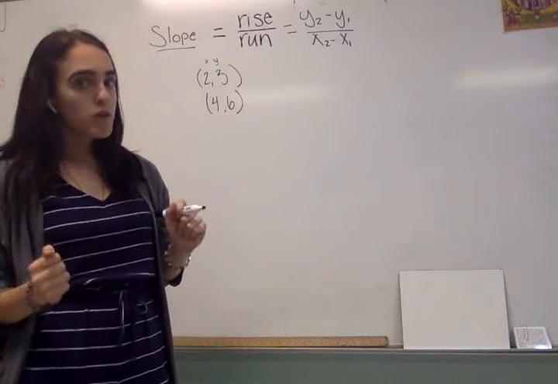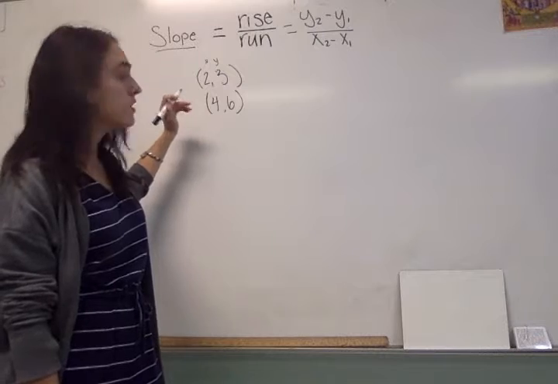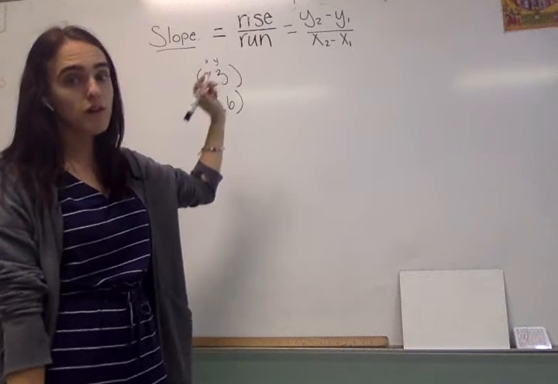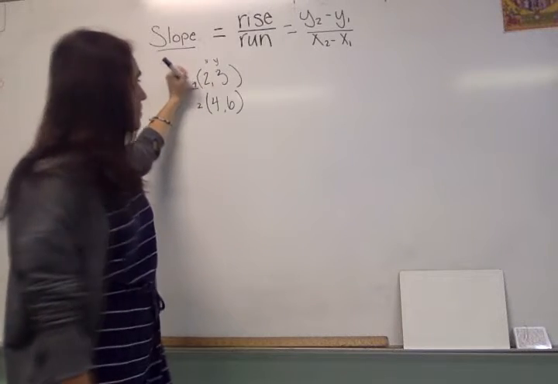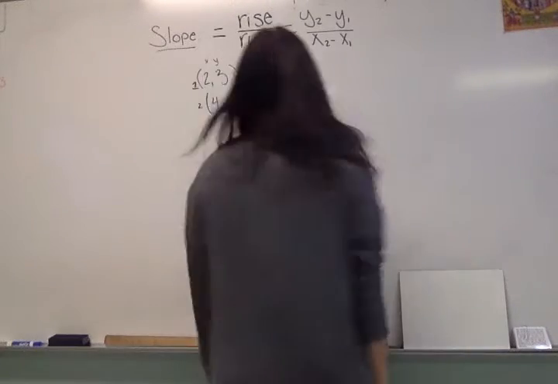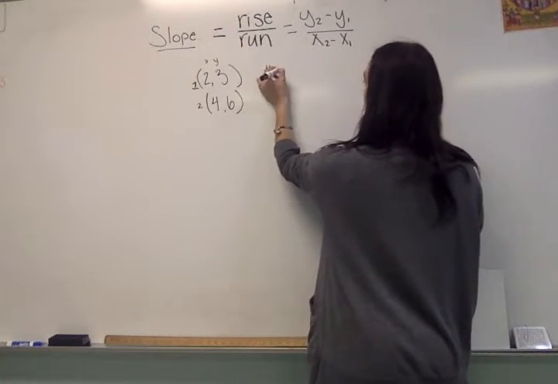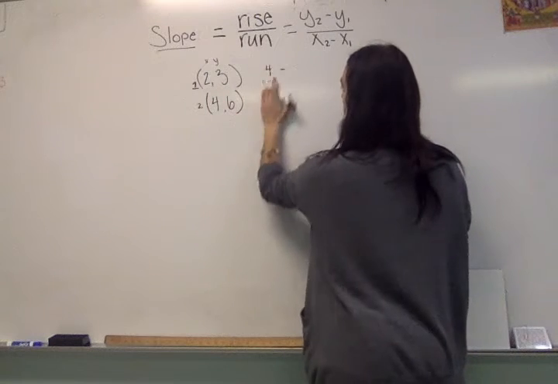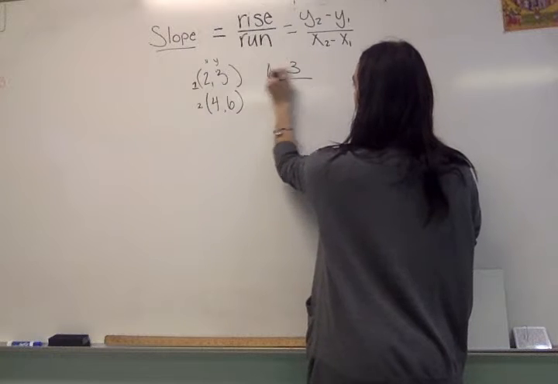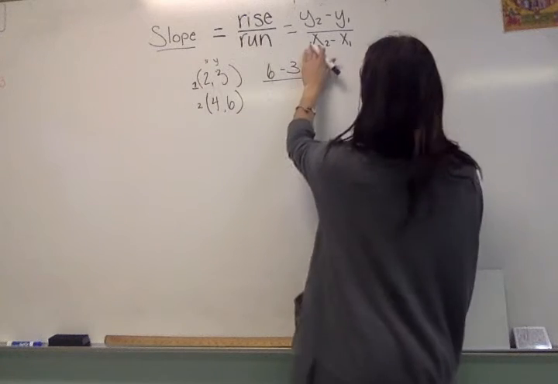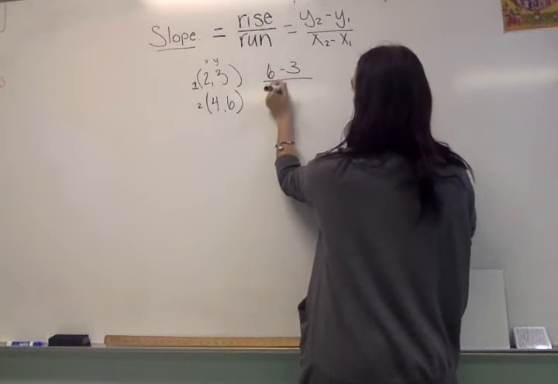Doesn't matter really which one you do first. To keep things simplified, whichever one you do first for y's, you have to do first for x's. So y2 is 6 minus y1 is 3 over x2 is 4 minus x1 is 2.